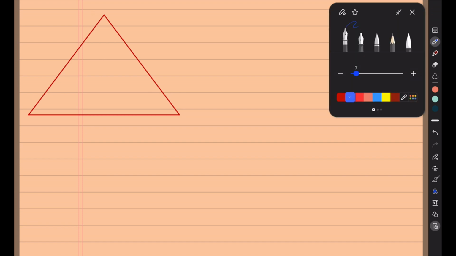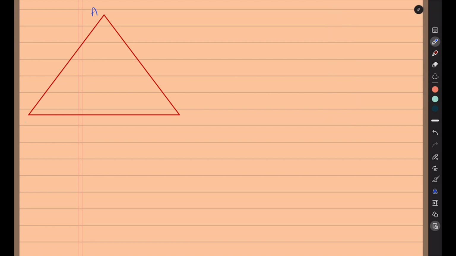If this is A, this is B, this is C, the three vertices of the triangle, then all angles are 60 degree. If all angles of any triangle are the same, then it has to be 60 degree, isn't it? And then all the sides will also be equal, because we know that the sides and angles follow the same ratio. That is the basics.